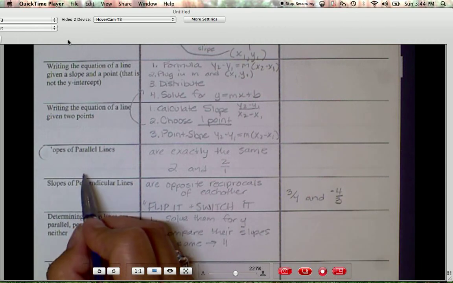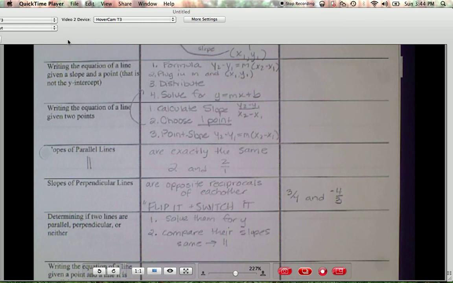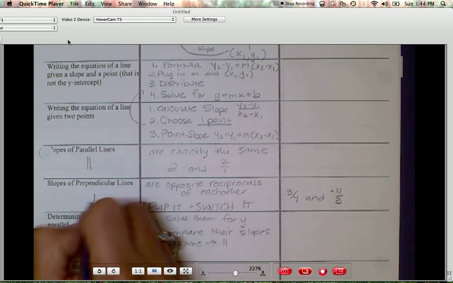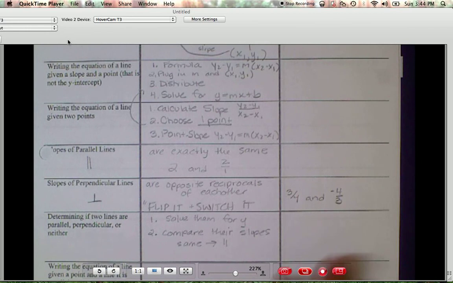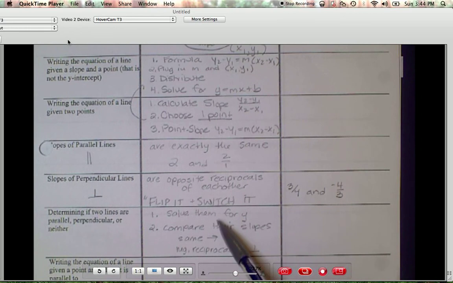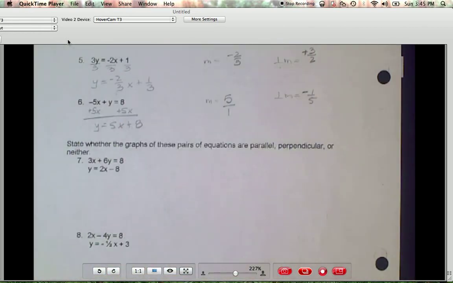And we can go back up here actually. Slopes of parallel lines, the symbol for parallel is two miniature parallel lines. The symbol for perpendicular is perpendicular here. If they are negative reciprocals, then they're perpendicular. If it doesn't fall into either of these categories, then it would be neither. So those are the steps we want to follow to do these last 3 problems.